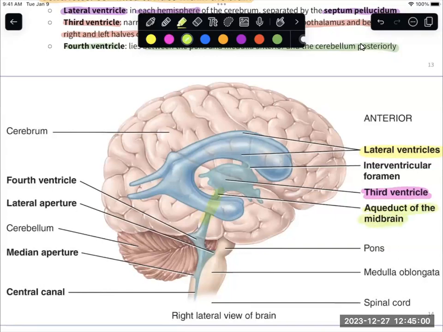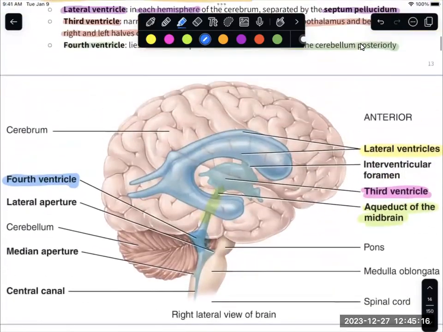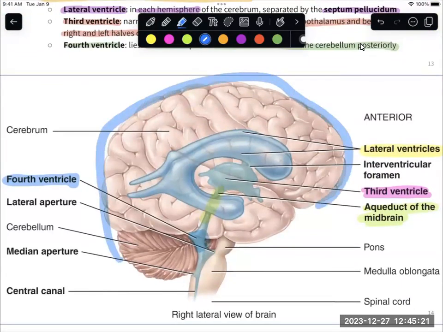This cerebral aqueduct is going to drain into that fourth ventricle. From here, it's going to follow paths to come up and around the brain on the outside. It can go down that central canal of the spinal cord, or it can even travel around the spinal cord on the outside of that spinal cord.